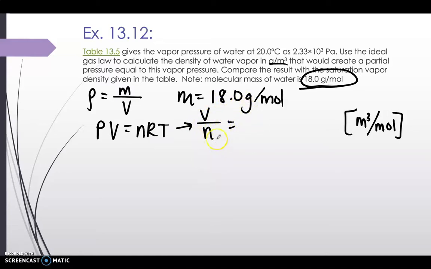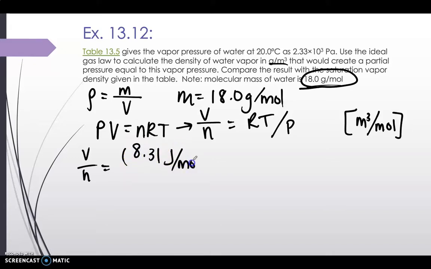So let's solve for V over N. That's going to be R times T divided by P. Okay, so V over N is going to be equal to 8.31 joules per mole times K. Then we have our temperature. Our temperature is 20 degrees Celsius, which is going to be 293 Kelvin.